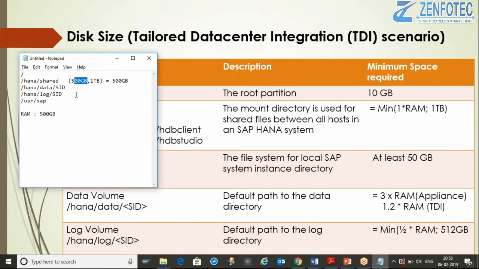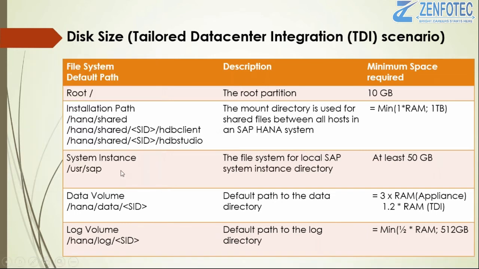For /usr/sap, at least 50 GB. SAP says that minimum you require 50 GB for /usr/sap. This is the instance directory of your HANA database. It has all the kernel executables.